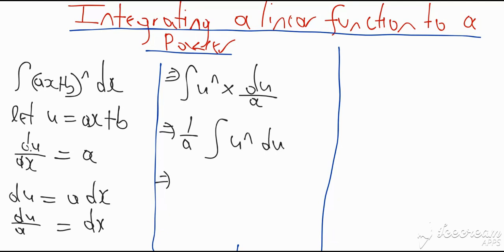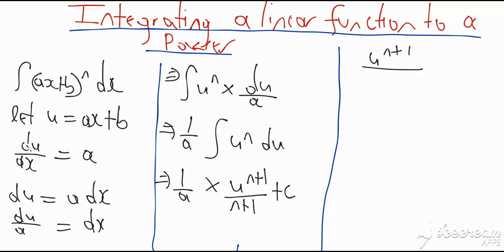This becomes 1 over a times u to the n plus 1 over n plus 1, plus a constant of integration. And if we wanted to tidy that up a bit, it would actually become u to the n plus 1 over (n plus 1) times a, plus a constant of integration.